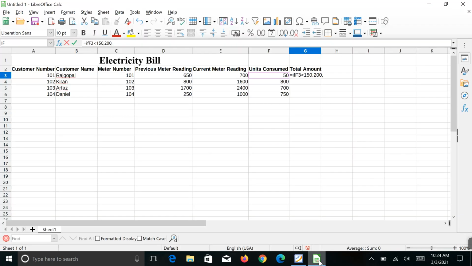Now otherwise, IF, brackets, the units consumed is less than 200, then 200 rupees plus E3 minus 150 multiplied by 1 rupee 50 paise.